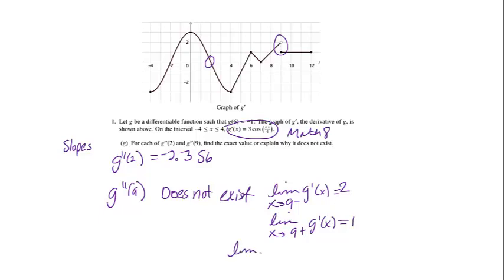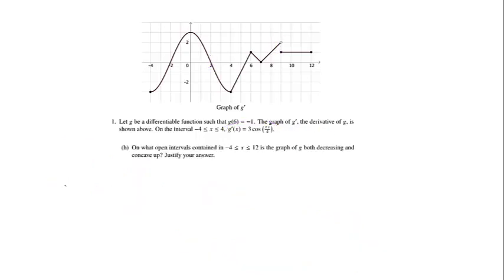I really didn't even have to show that. I could just say because the limit as x approaches 9 from the left of g prime does not equal the limit as x approaches 9 from the right of g prime. Okay, that was worth 2 points. You got 1 point for finding g double prime of 2 and 1 for finding g double prime of 9. So that was worth 2.